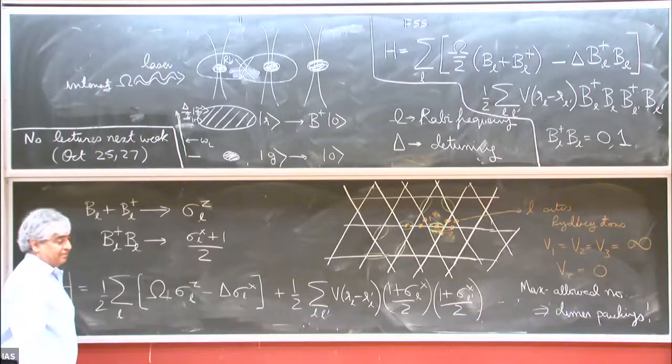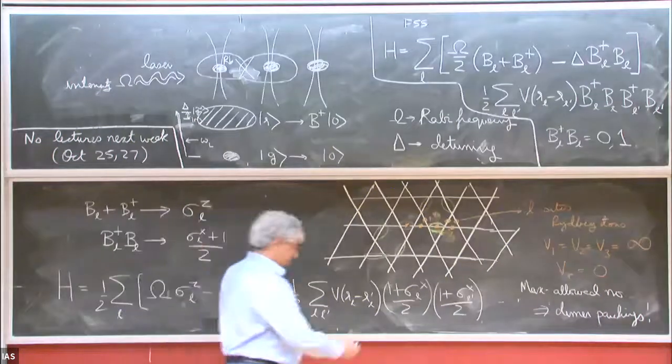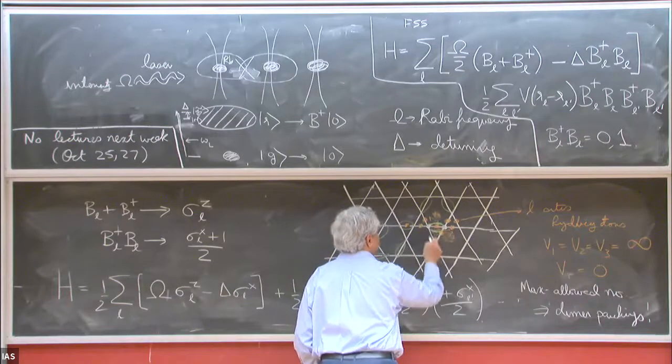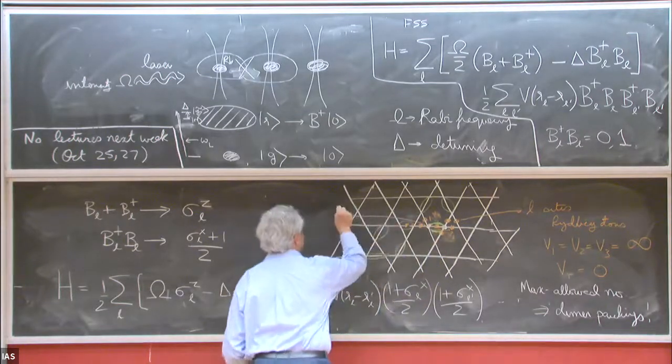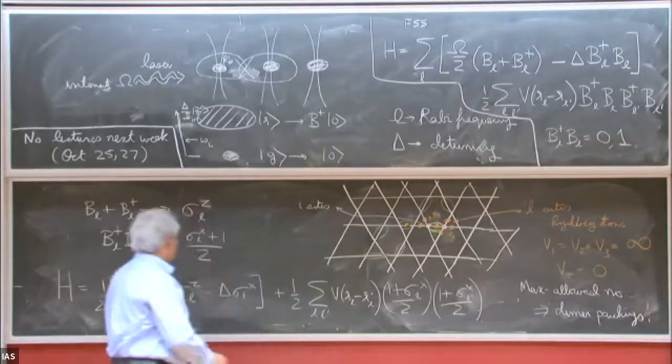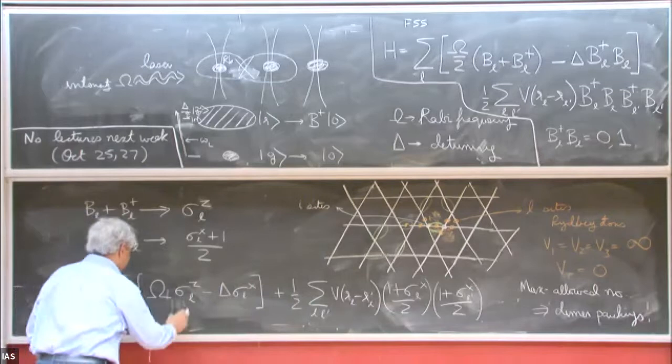However, we can make this a Z2 gauge theory by introducing a matter field. So let me introduce another set of sites, which are called the I sites, which are the vertices of the Kagome lattice. So these are the I or J sites. And I'm going to change my Hamiltonian slightly.